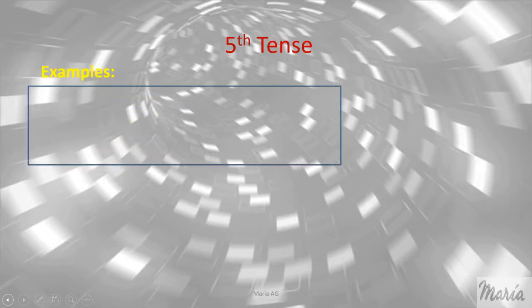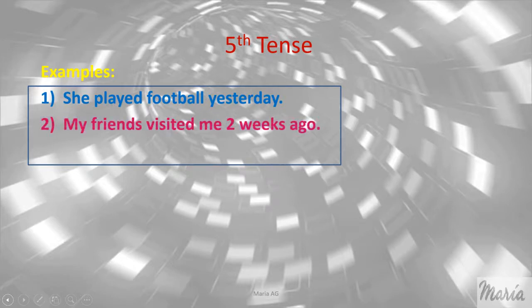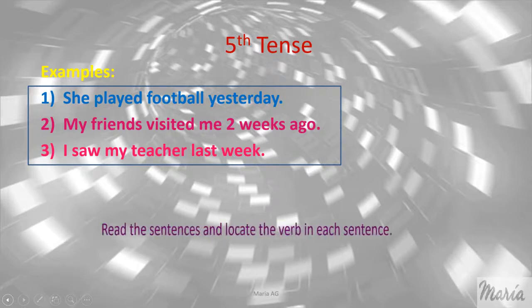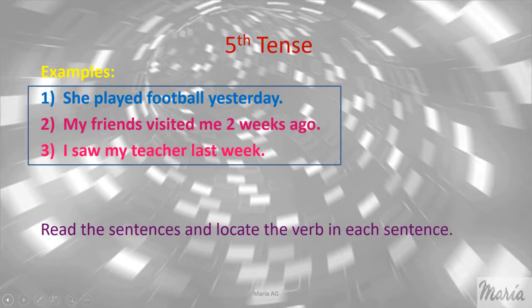Examples. 1. She played football yesterday. 2. My friends visited me 2 weeks ago. 3. I saw my teacher last week. Read the sentences and locate the verb in each sentence.